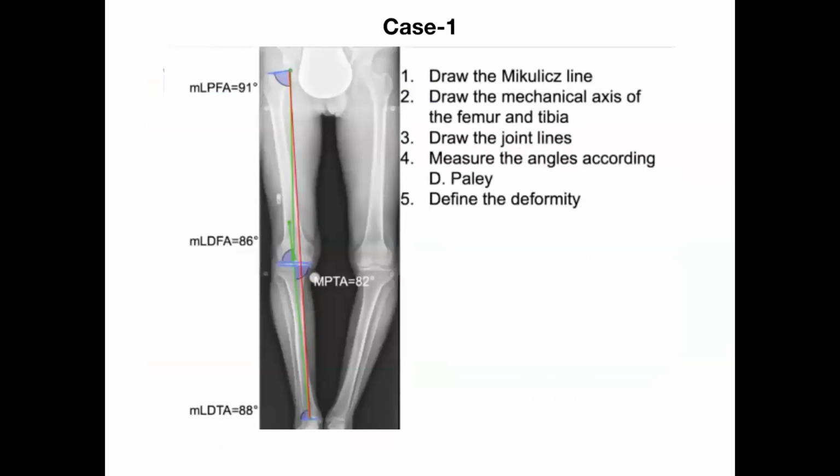So this is a case. After drawing the Mikulicz line, I have given the values. Can anyone of the fellows tell where to correct the deformity? Seeing the values.